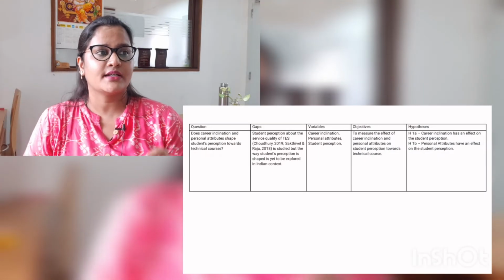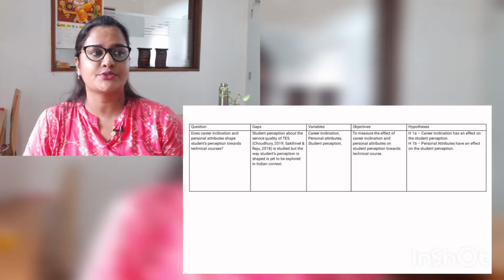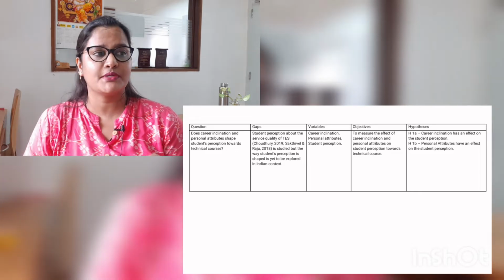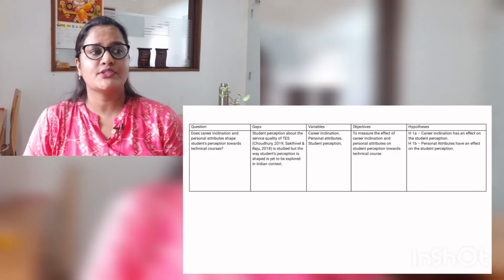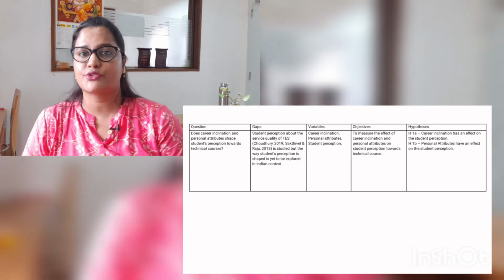With respect to this objective, it is also clear that the methodology I need to use is quantitative in nature, and hence I need to develop a hypothesis rather than a proposition. So I developed my hypothesis like H1A, career inclination has an effect on student perception, while H1B, personal attributes have an effect on student perception.